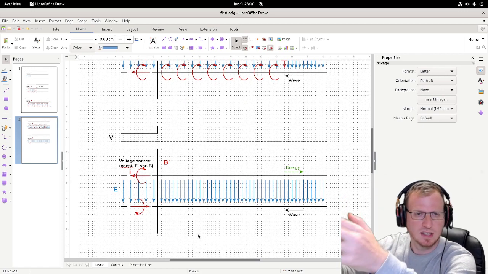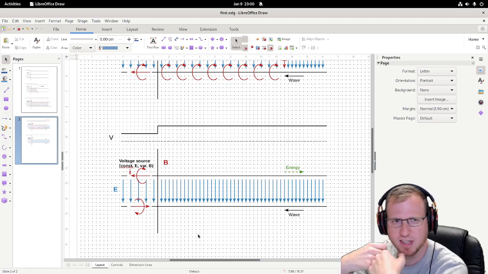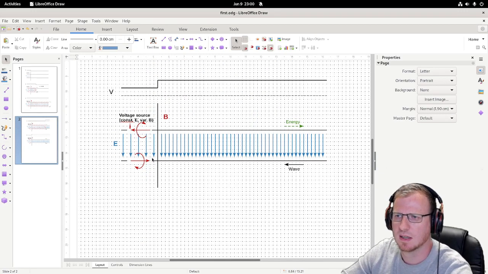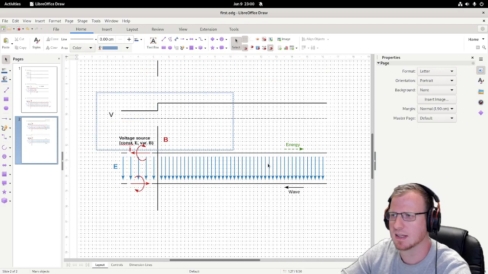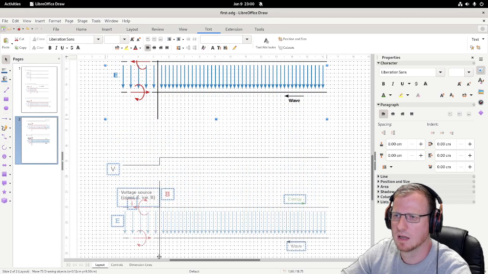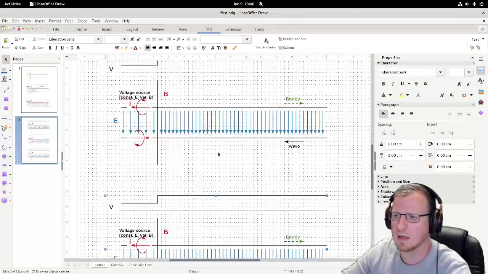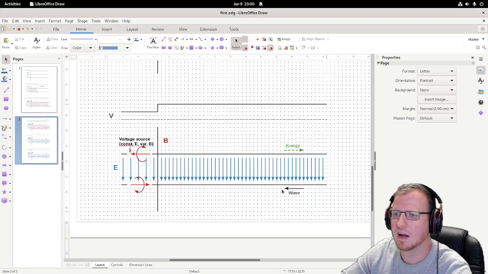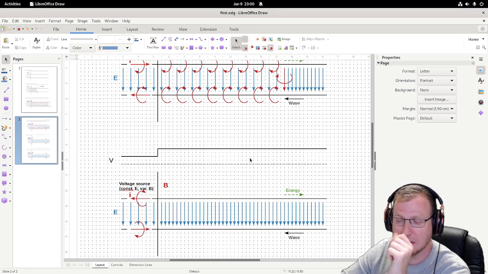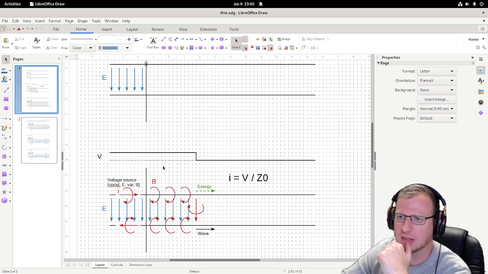So it's too much, and now it wants the opposite again. It's sucking the energy out of the transmission line. And this is done by lowering the electrical field.